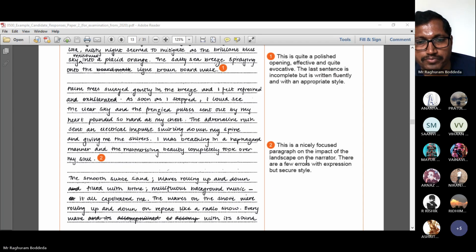Sanvi. Yes, sir. Yeah, please read the next para. Palm trees swayed gently in the breeze, and I felt refreshed and exhilarated. As soon as I stepped, I could see the clear sky and the frenzied pulses sent out by my heart pounded so hard at my chest.